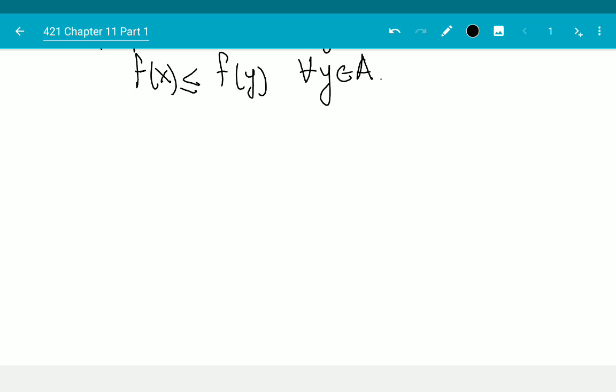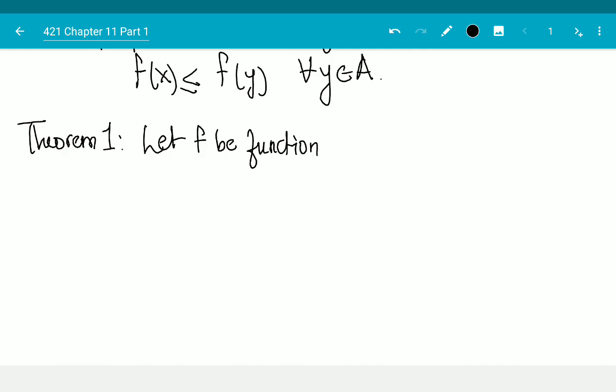In that case, we can go to theorem 1. Theorem 1. Let f be a function on (a, b).